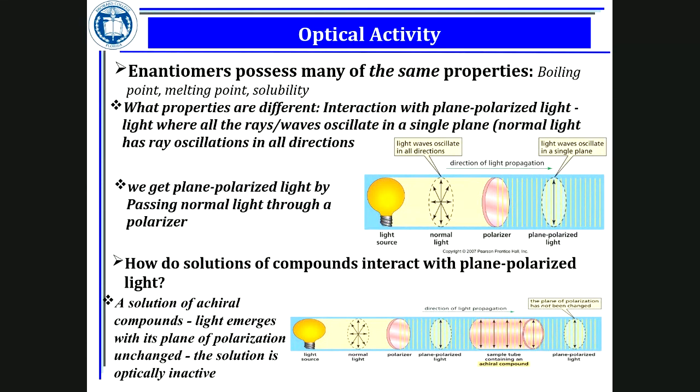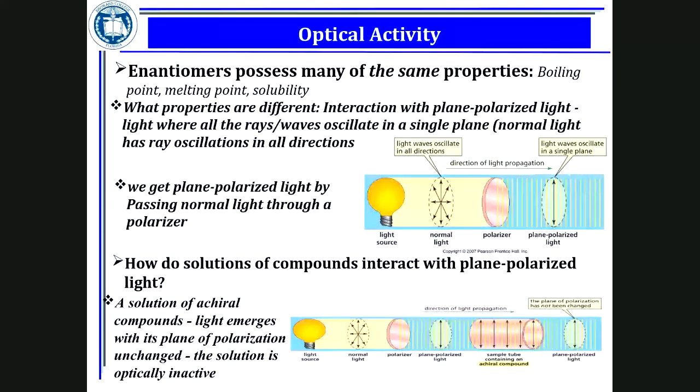In the original position, the light doesn't pass through. But if I move the filter, because the light has been rotated until it's parallel, now the light is going to pass through, and I could see the light on the other side.